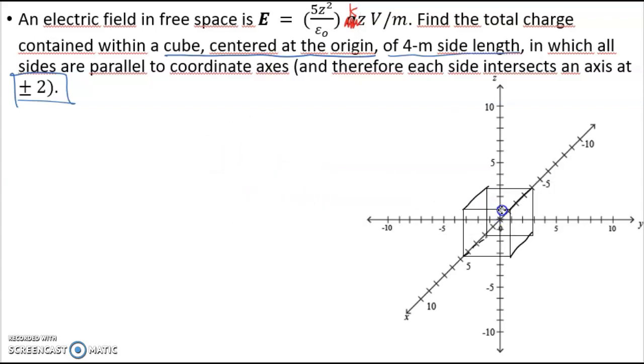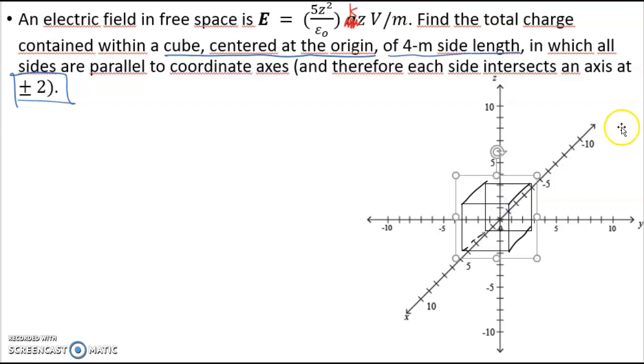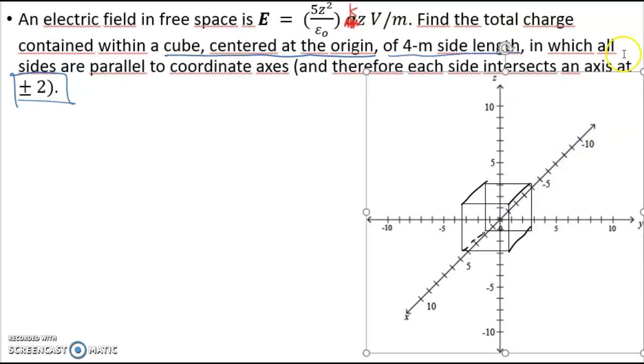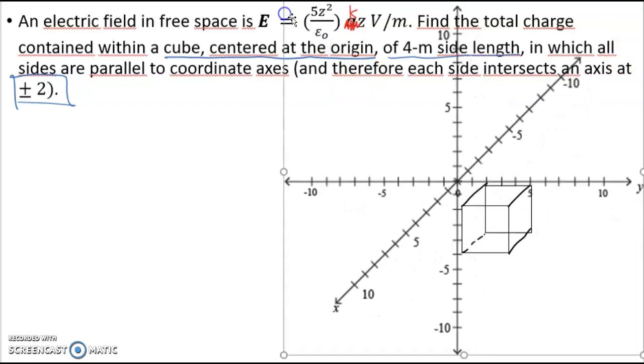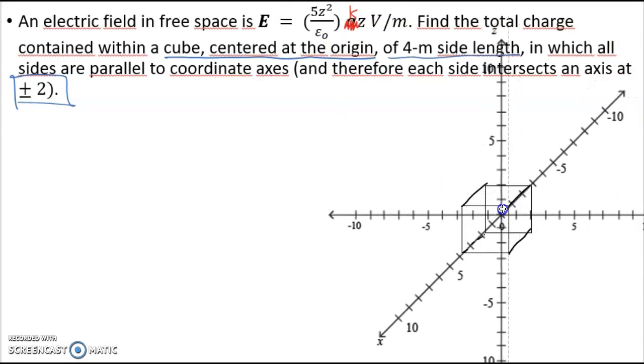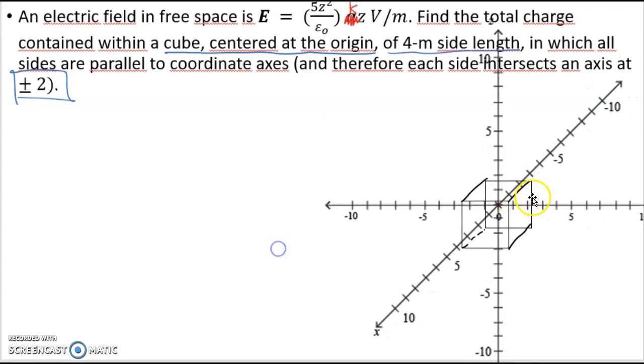Now, this cube is going to be centered at the origin, something like this. Now, this is not necessarily to scale. I'm going to make it a little bit bigger so we can work with it. Take this to the back. And this is going to be centered somehow here. That's my cube.